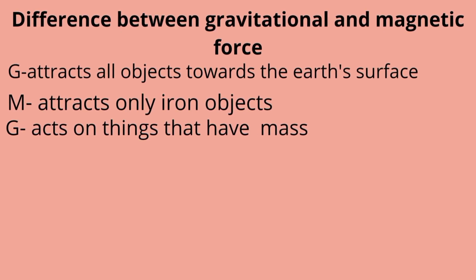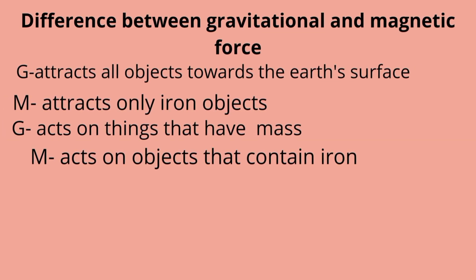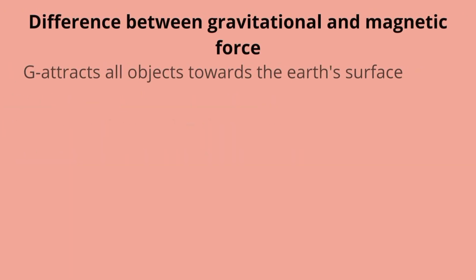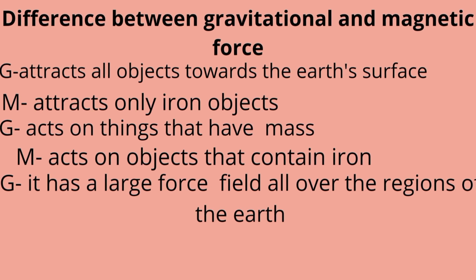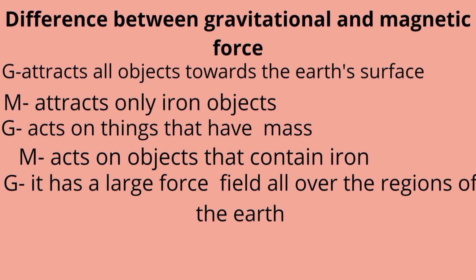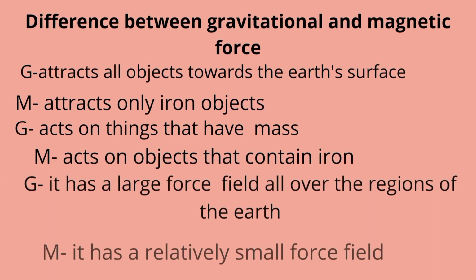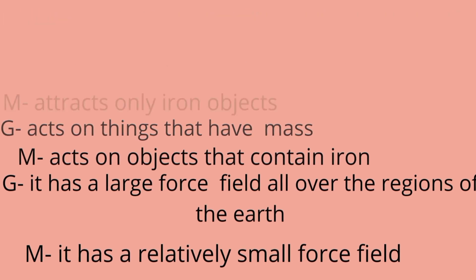Gravitational force acts on things that have mass or weight. Magnetic force acts on objects that contain iron. Gravitational force has a large force field all over the regions of the Earth, while magnetic force has a relatively small force field.